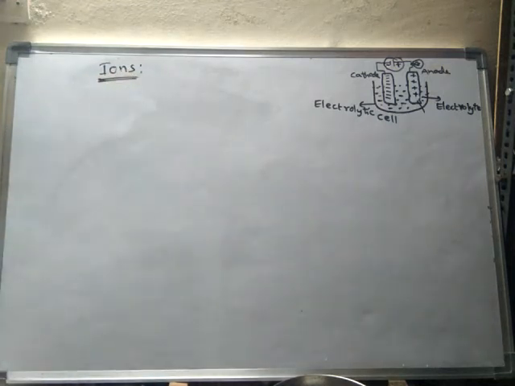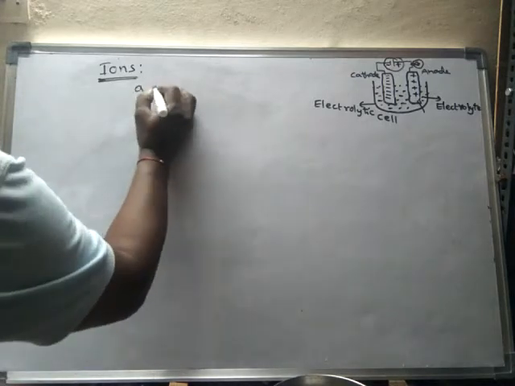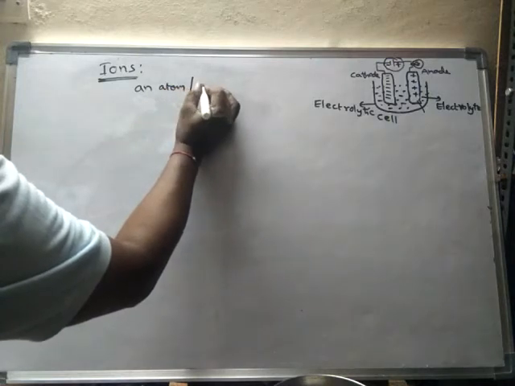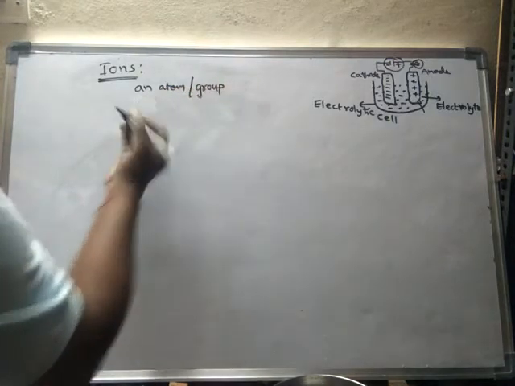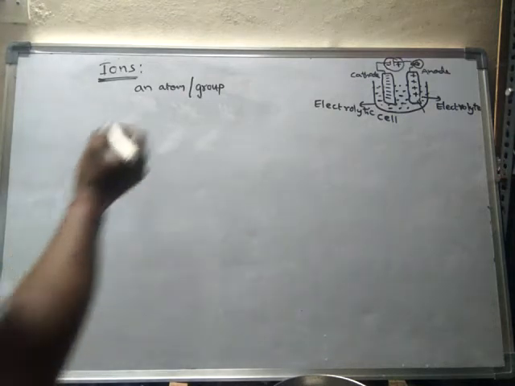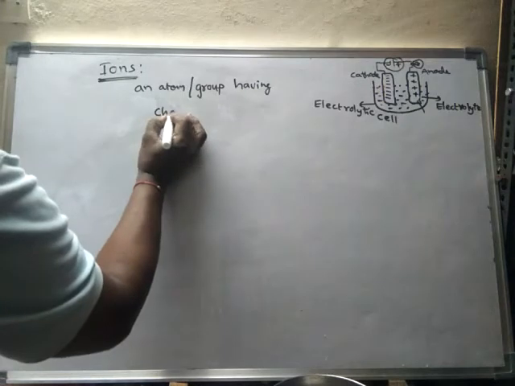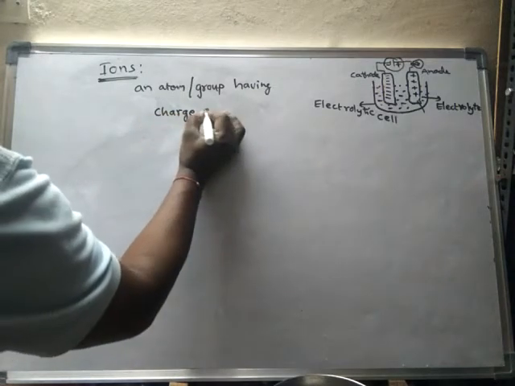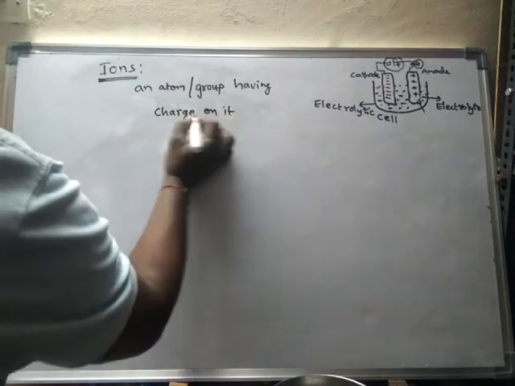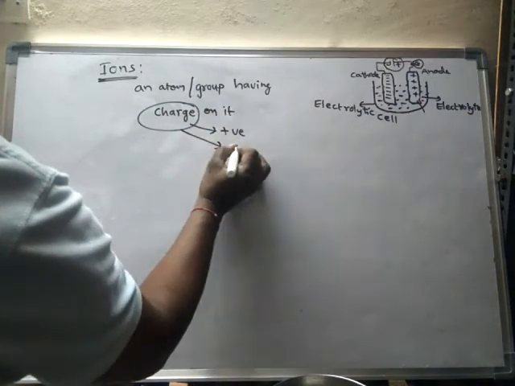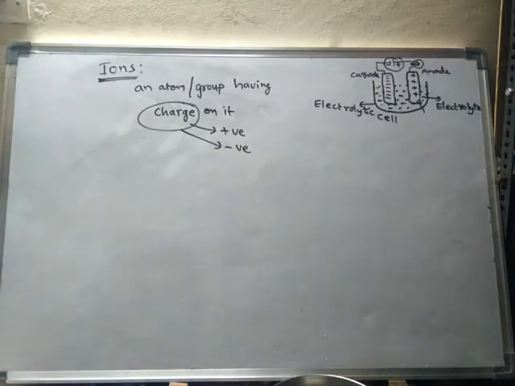Ion means an atom or group of atoms having a charge on it, either positive or negative. Any atom which has a charge is said to be an ion.